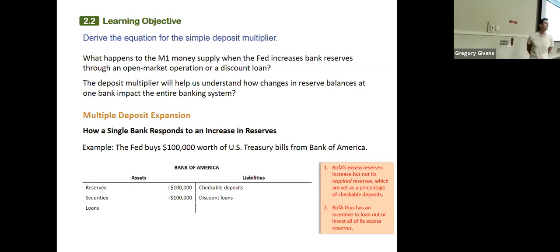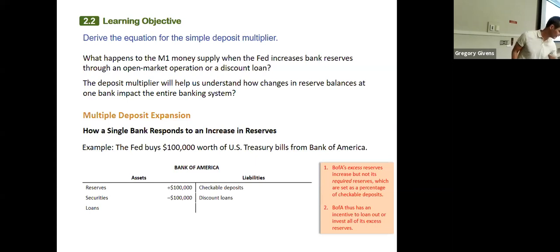Levi, go ahead. Loan it out, yeah, right? Now, we live in a world where, in fact, banks do get some interest on their excess reserves. It's like 0.25%. But presumably, banks can make more by loaning them out to another investor. There's some risk attached with that. So banks may be reluctant to do that. But there's at least an incentive here to want to loan out those excess reserves.